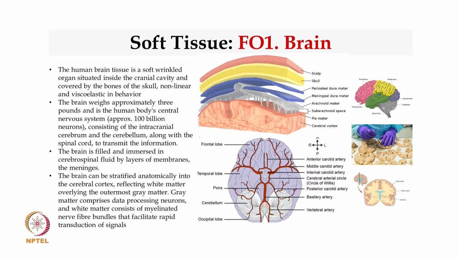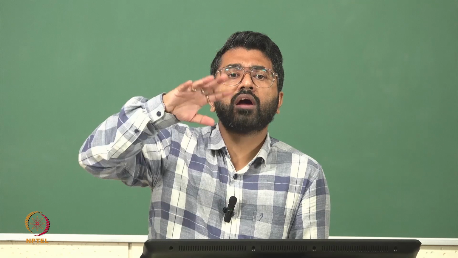So the brain can be typically looked upon. If we look from the top, we are looking at the frontal lobe, the temporal lobe, pons, cerebellum, and the occipital lobe in the back. We have the vertebral artery, basilar artery, anterior carotid artery, and middle carotid artery. There are a lot of different arteries, and this is known as the cerebral artery network. So it's not only a blob of material.